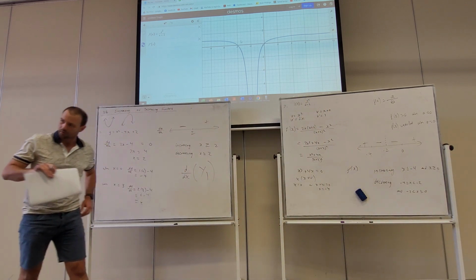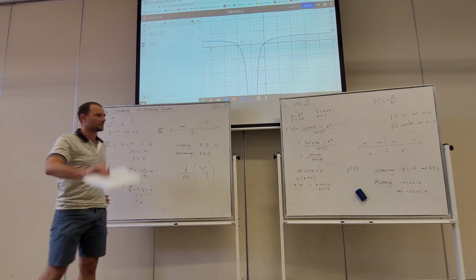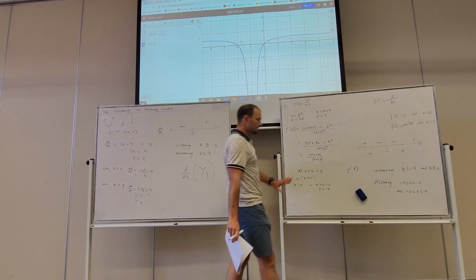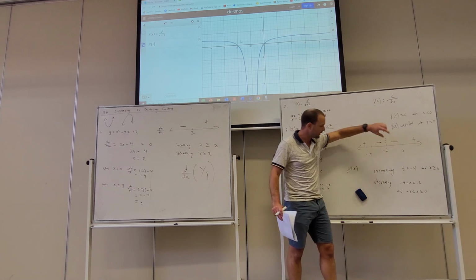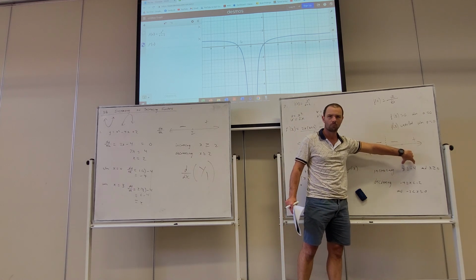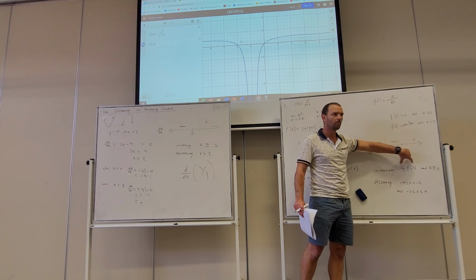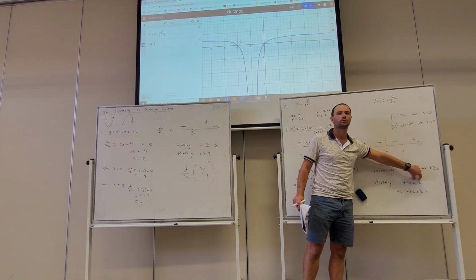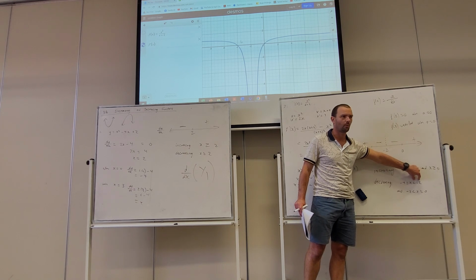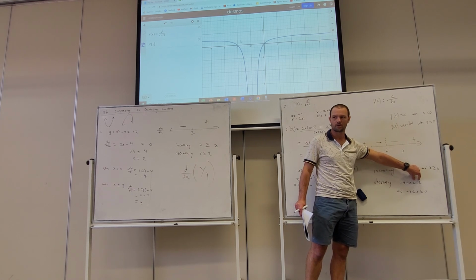Okay, so this is a good example. I'm actually pretty happy with this one because this allows us to demonstrate why we include the point. Why we include the point? We include the point because that is not an asymptote. Here we don't include -2 because there is an asymptote at that point. The function doesn't exist there. Okay?